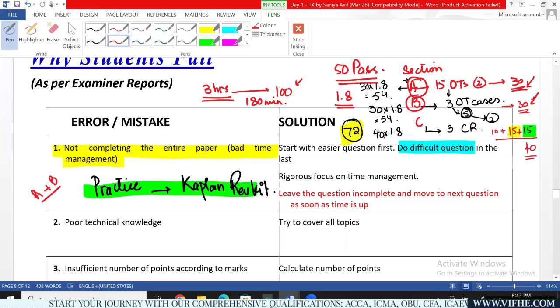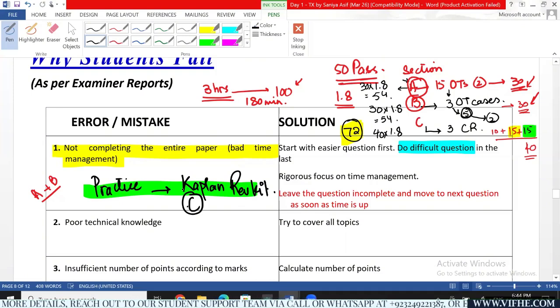If someone has appropriately attempted section A and B, these two sections are sufficient to let a person pass their exam. So you really need to do 100% practice out of the Kaplan revision kit when it comes to section A and section B questions. But as far as section C is concerned, if you have time, then try doing as many questions as possible. Otherwise, I have shared the list of important section C questions with my students, and for the rest of the students, this will be shared soon.